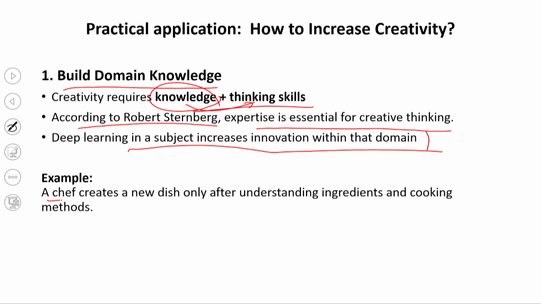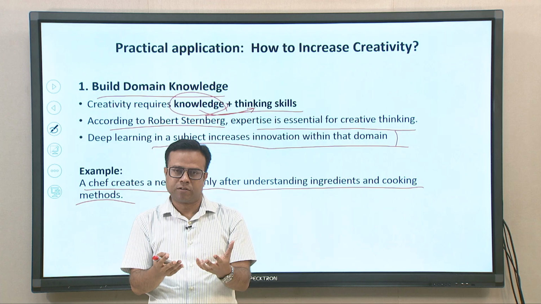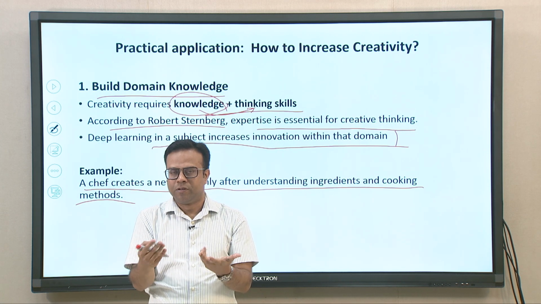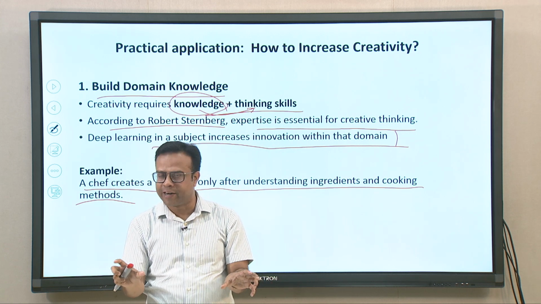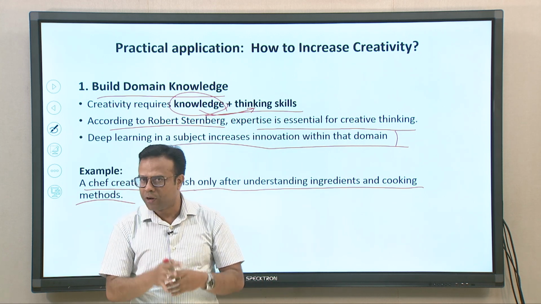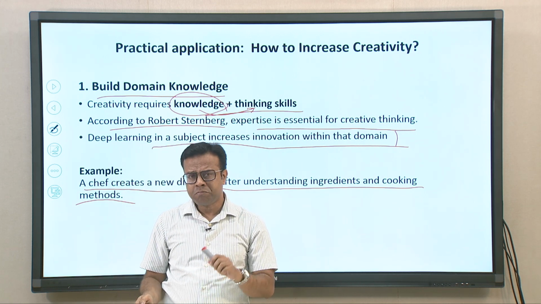For example, a chef creates a new dish only after understanding ingredients and cooking methods. A chef suddenly cannot create a very original dish if he does not know how to cook, if he does not know the basic ingredients of cooking. That is not possible. A chef can be creative only when he knows all the details of cooking and ingredients and so on. So, the domain knowledge is very important.